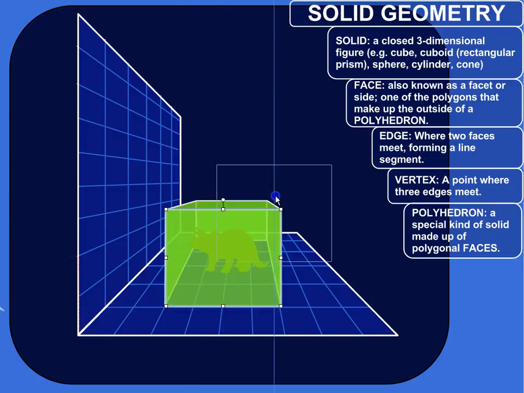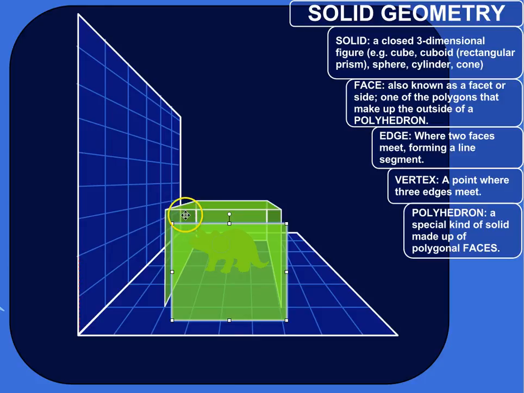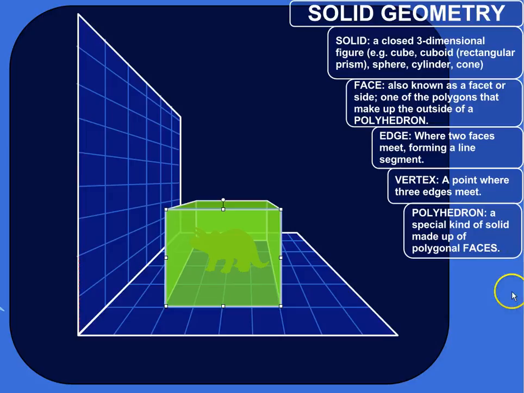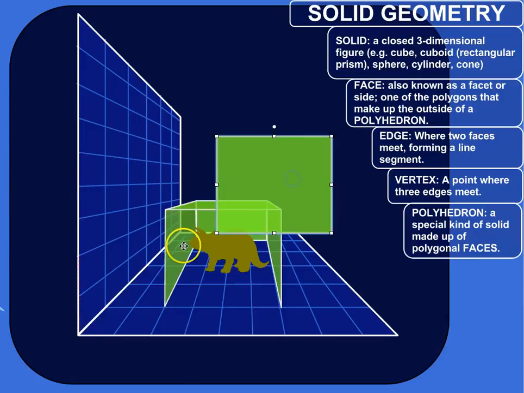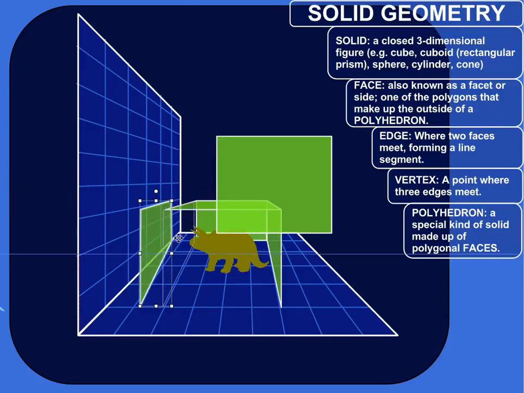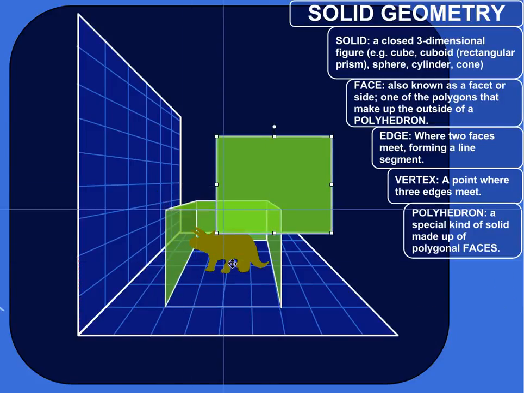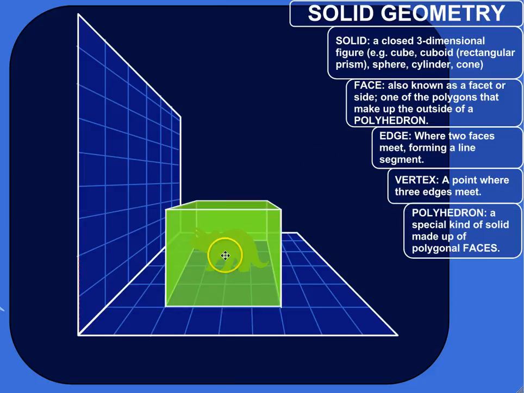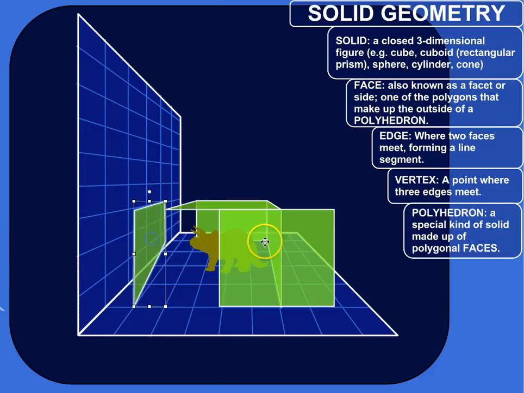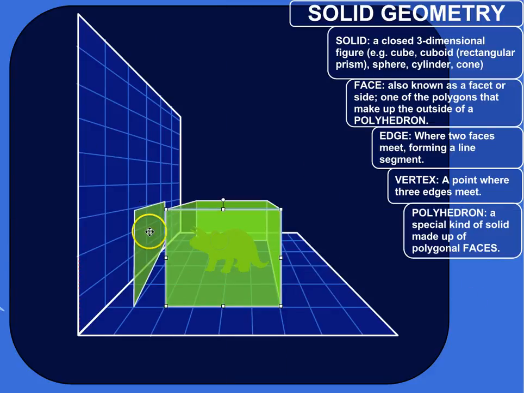So if you put a bunch of faces together, in this case, I have 6 faces making up a rectangular prism. You put them all together to make a closed figure, and that is a polyhedron. Okay, so these things are faces, and a face has to be a polygon.